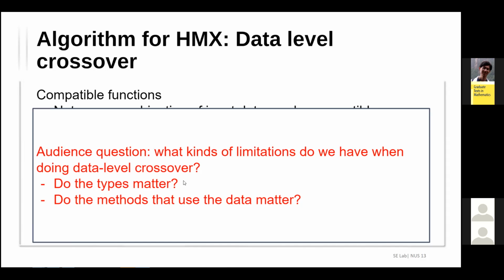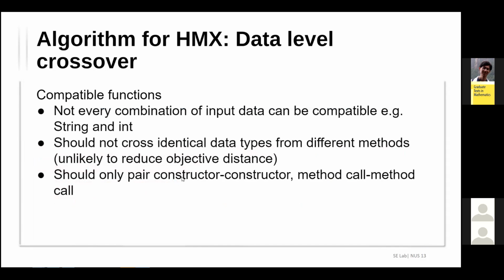Next, do the methods that use the data matter? If I have two methods that take in, for example, a string and int, but one is a constructor and one is a regular method, do you think I can cross over the input data as well? Not likely. It wouldn't make sense if you combine data from methods that don't have the same purpose. These are the restrictions that the authors identify: not every combination of input data can be compatible.